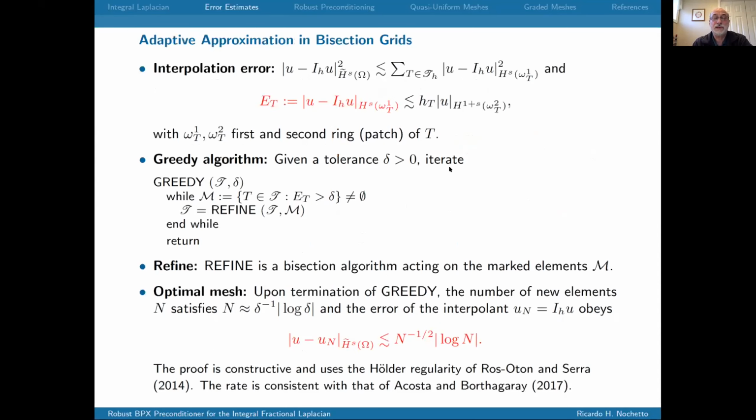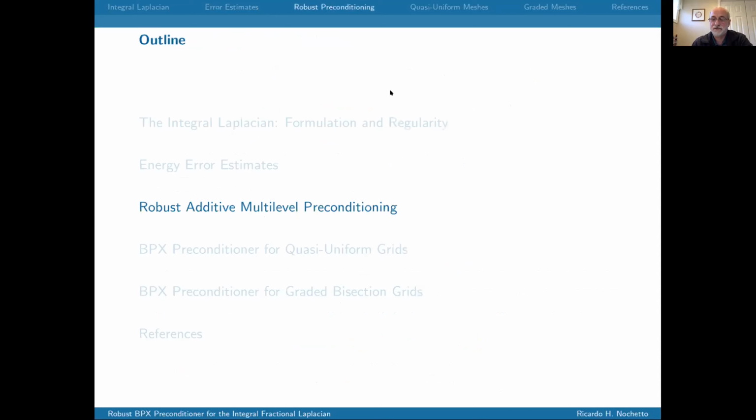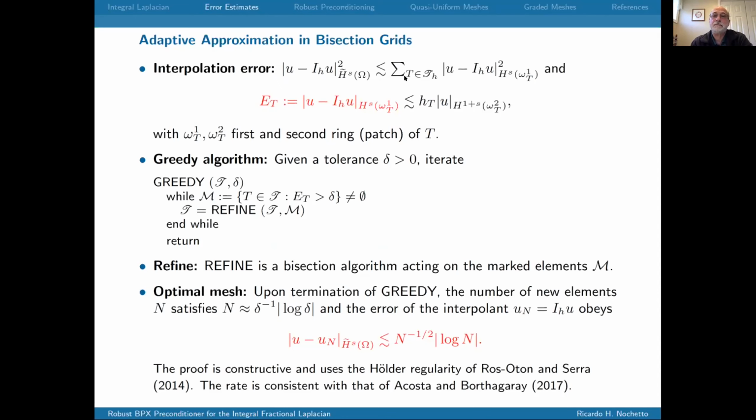So I'd like to mention something very recent, which is a constructive approach. And I call it adaptive approximation, and here I'm thinking about bisection grids that will come up later. So think of the interpolation error that I split in local patches. These are the first ring or first patch of the element, using results of Faermann. And each of these local terms in H^S can be bounded by interpolation.